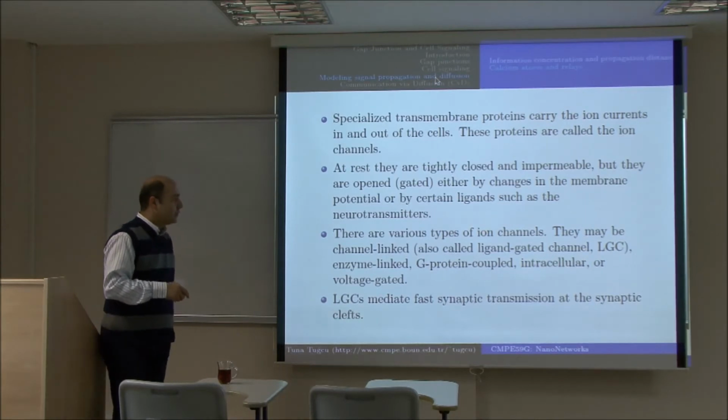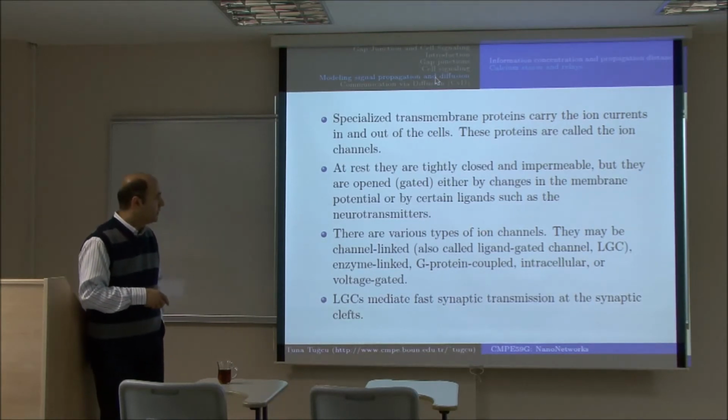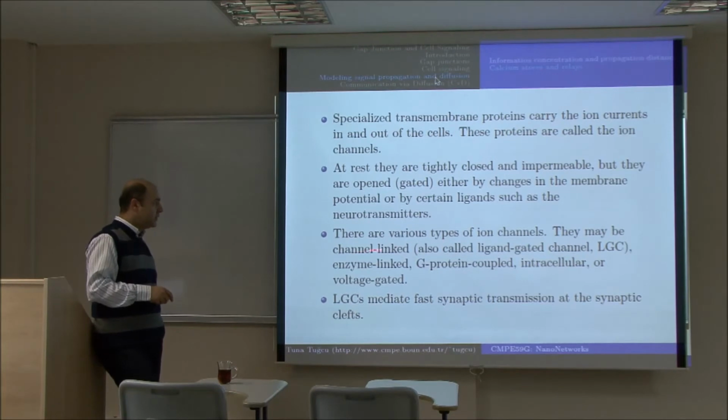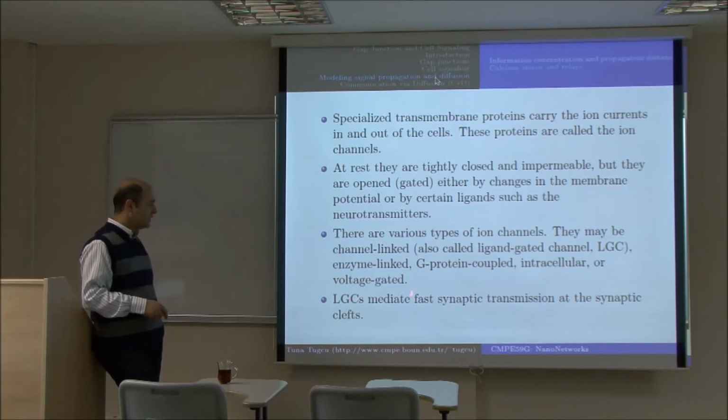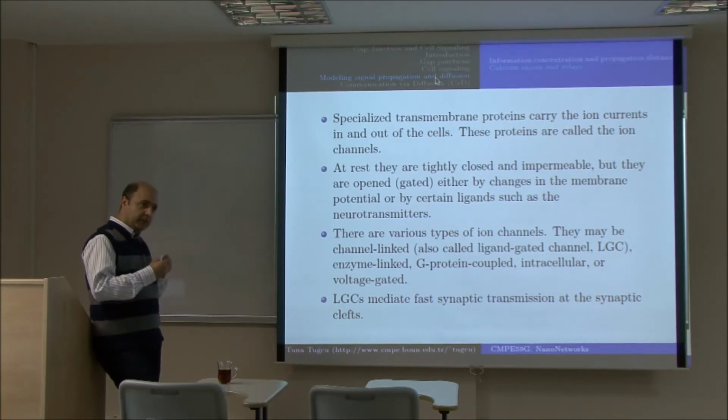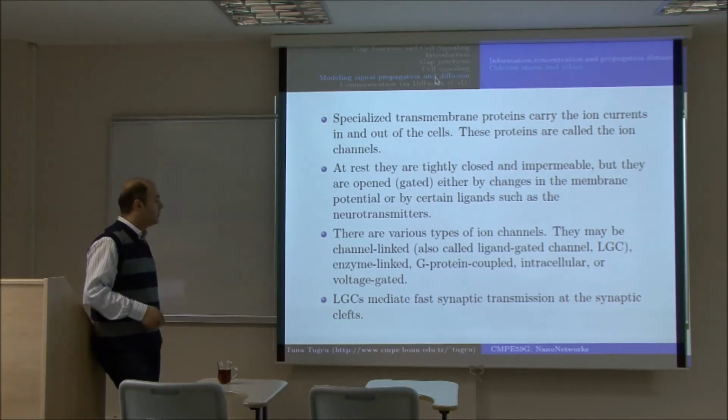There are various types of ion channels, as we have seen: ligand-gated channels, LGC, enzyme linked, G protein coupled, intracellular, or voltage gated. That's what we're going to discuss in more detail. Ligand-gated channels typically mediate fast synaptic transmission at the synaptic clefts, at the points where neurons, for example, touch each other.